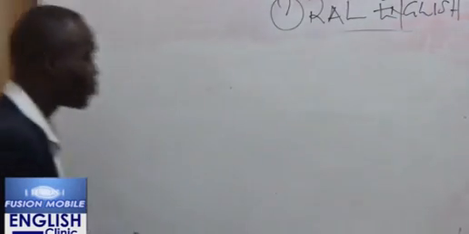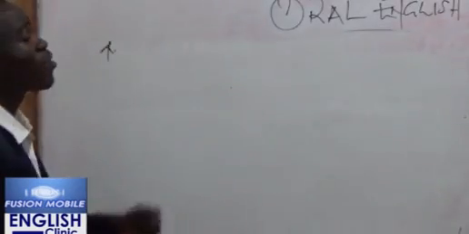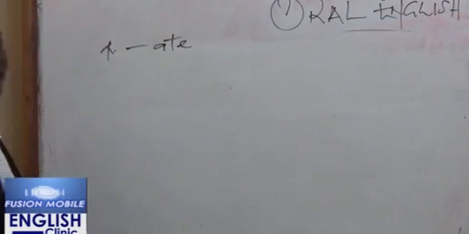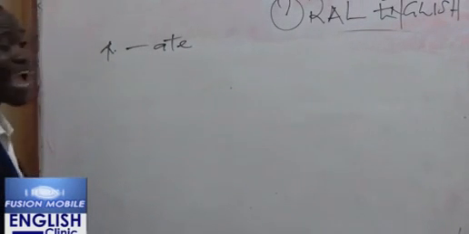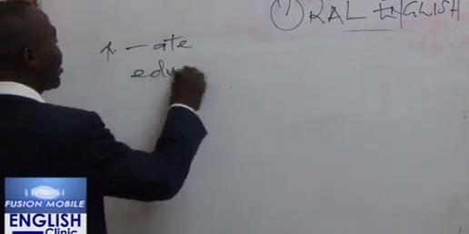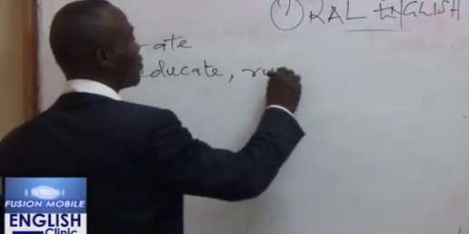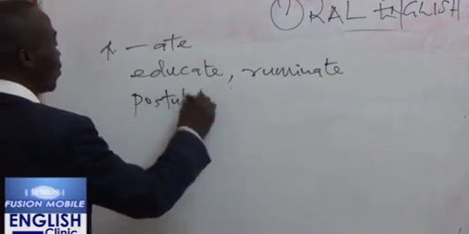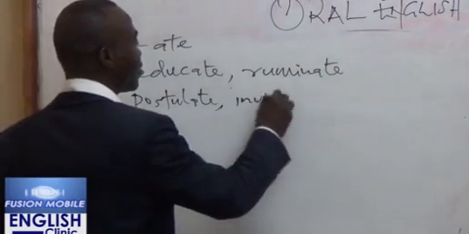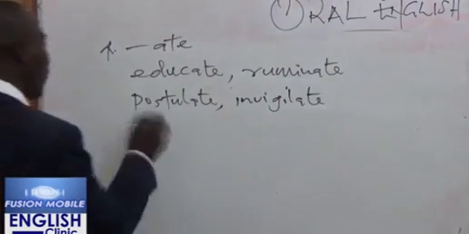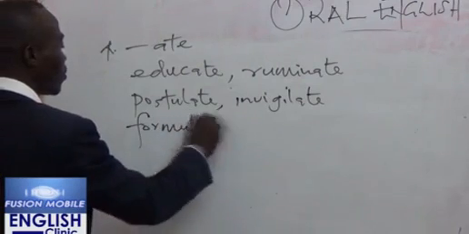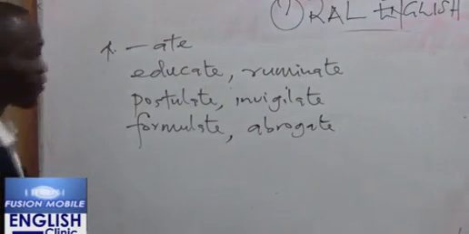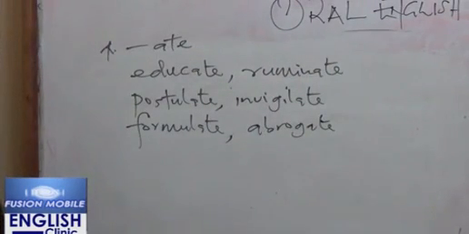Now we consider another example. That is number 4. When we have polysyllabic words ending with the suffix ate, like educate, ruminate, postulate, invigilate, formulate, abrogate, and so on and so forth, we are going to stress the third from the last syllable.